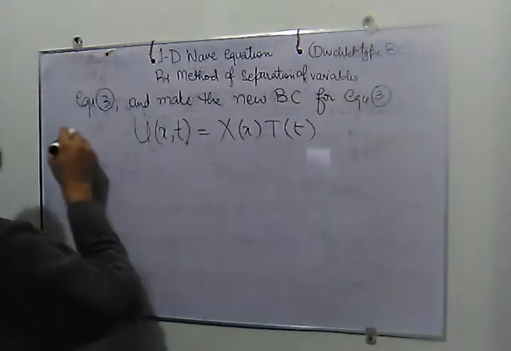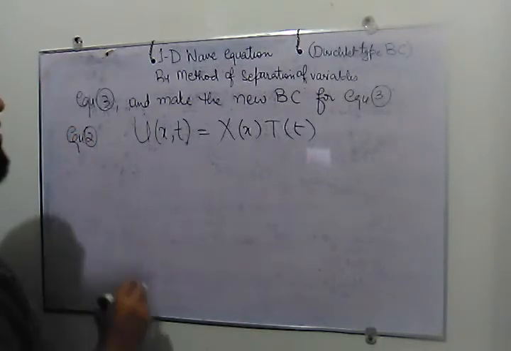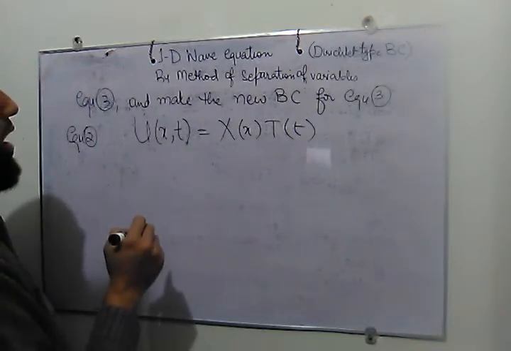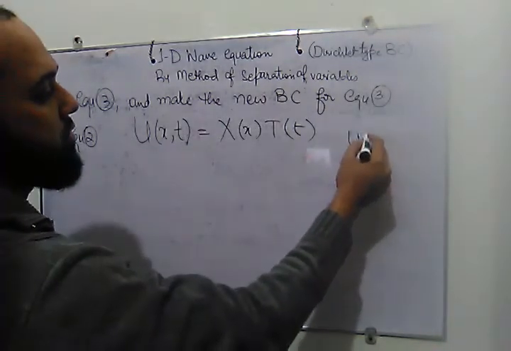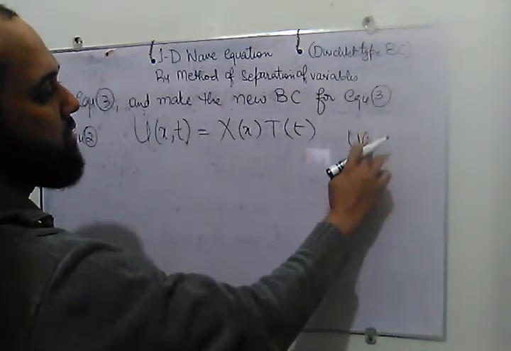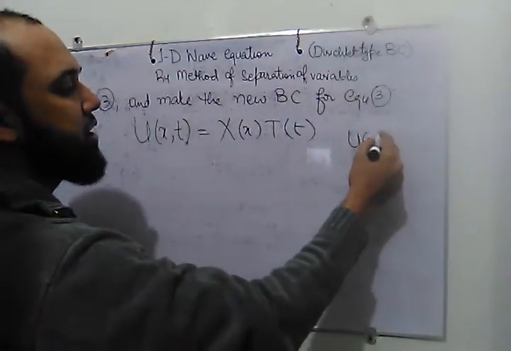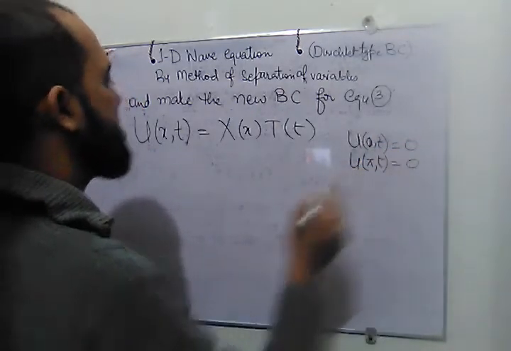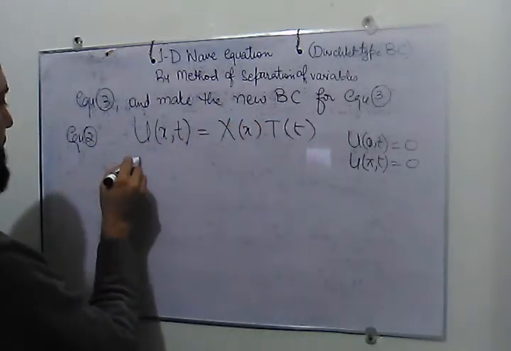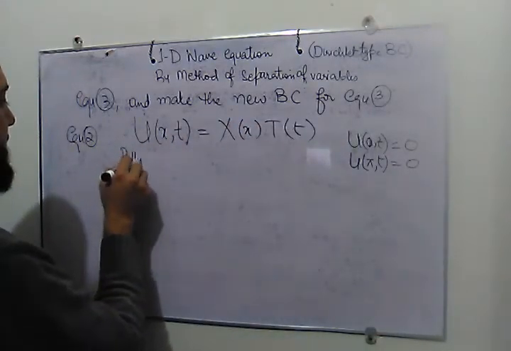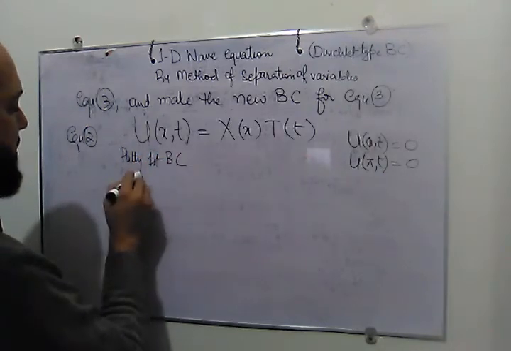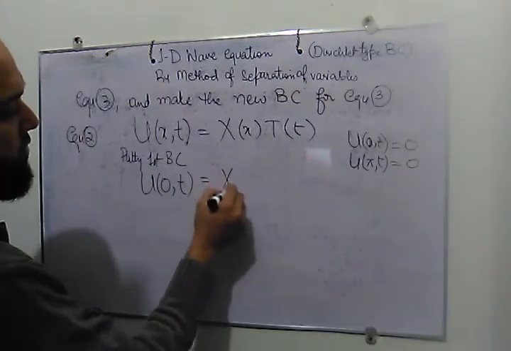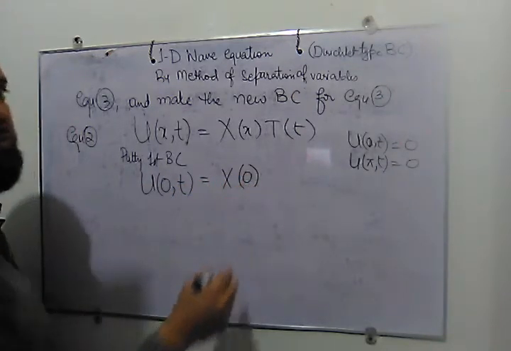That was our equation number 2, and we put the old, or given, boundary conditions, u(0,t) equal to 0 and u(pi,t) equal to 0, into our assumed solution. So first we put the first boundary condition. When we place x equal to 0, we place X(0) here.